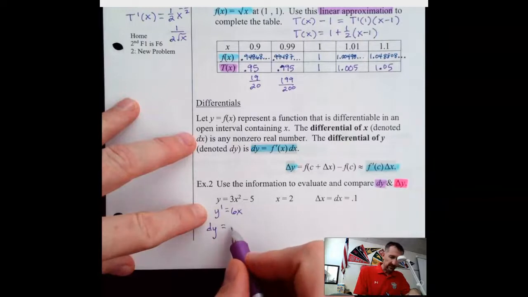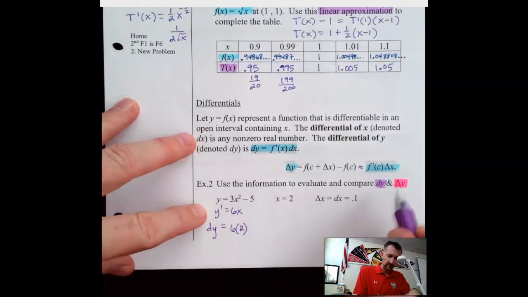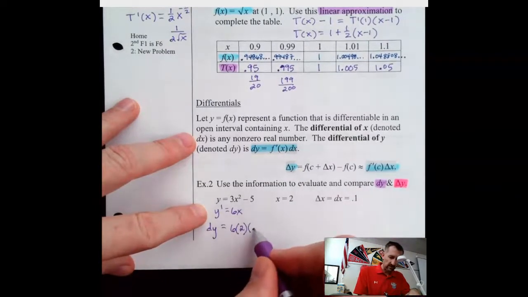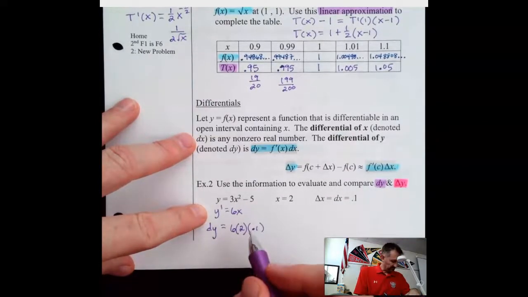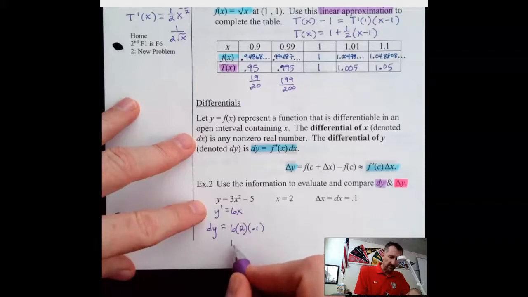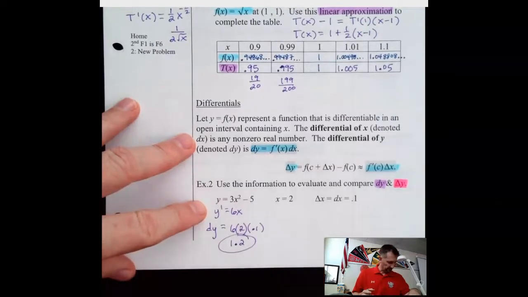So if we fill that stuff in, that would be 6 times 2, that's the derivative, and then times delta x, which they're telling us is 0.1. So we're just plugging in right here. So that's going to be 12 times 1 over 10, which is 1.2. Okay.